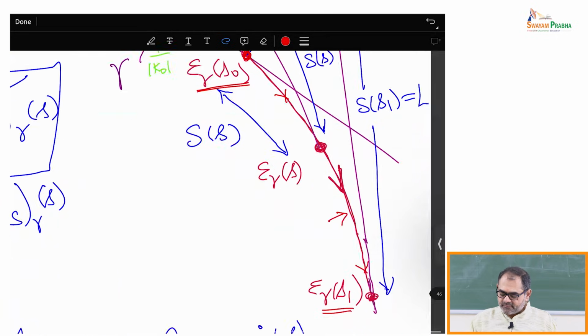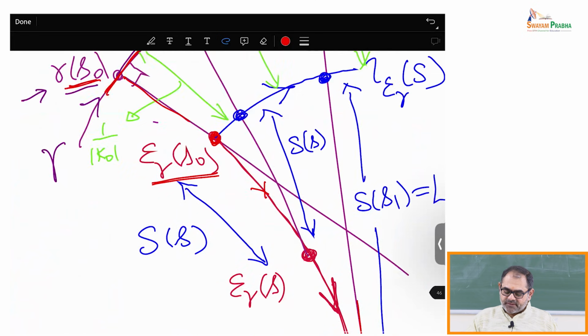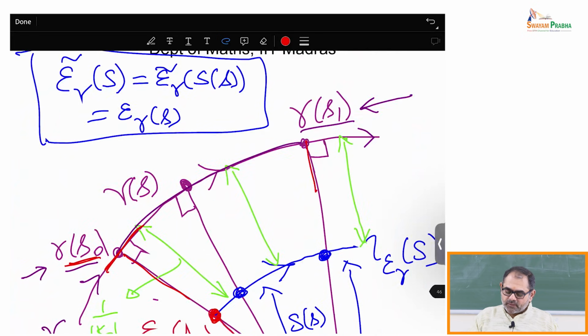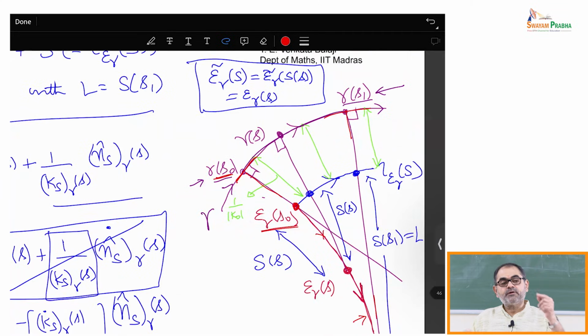Similarly, if you take the tangent to the evolute at the point corresponding to S1, then this tangent is this line, and this line is normal to gamma at S1. So you have this picture, and what one is going to do is take an involute of the evolute, a particular involute, and I have drawn that here.